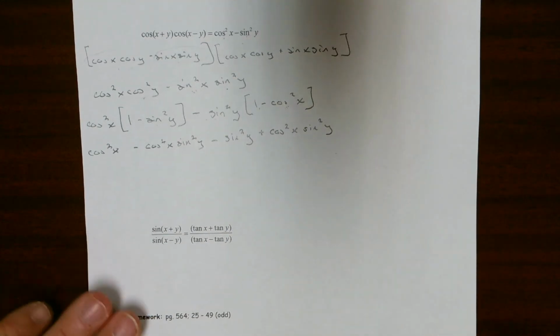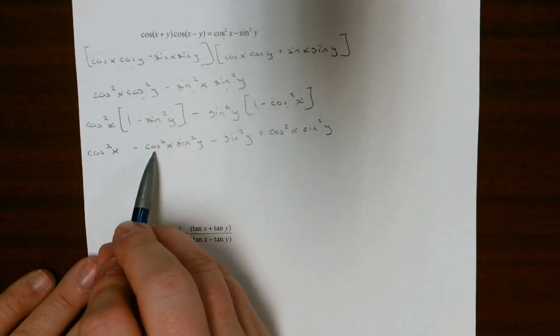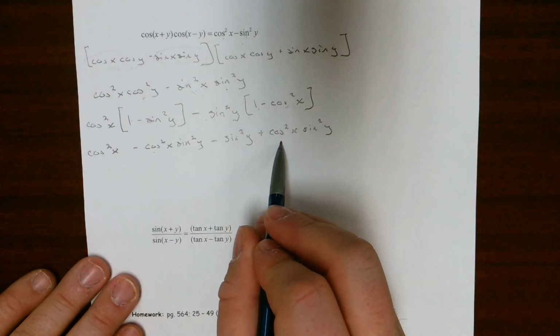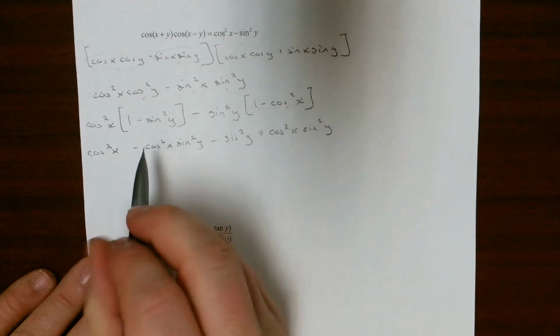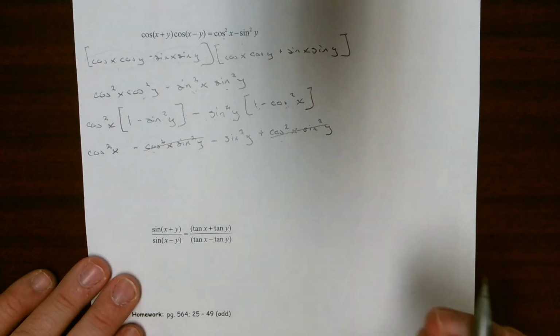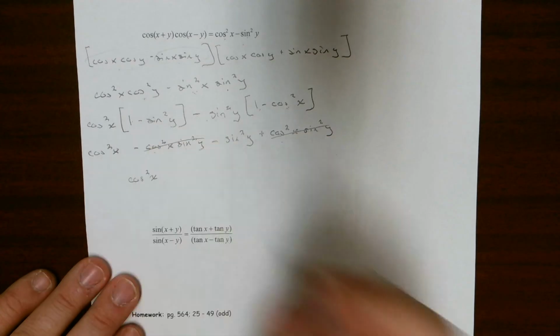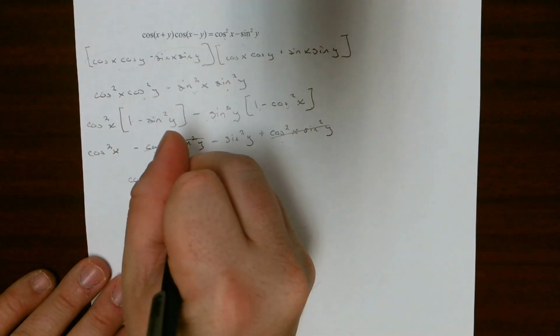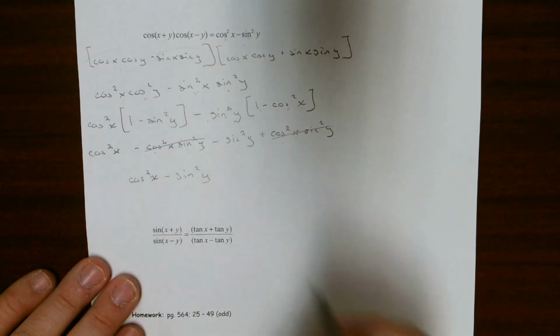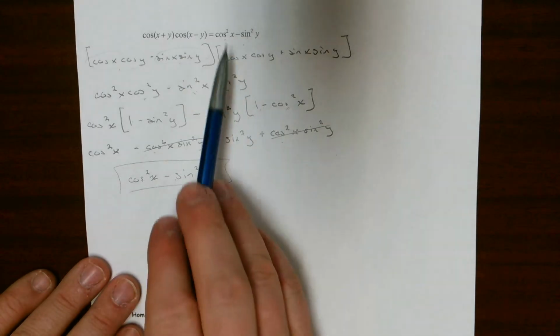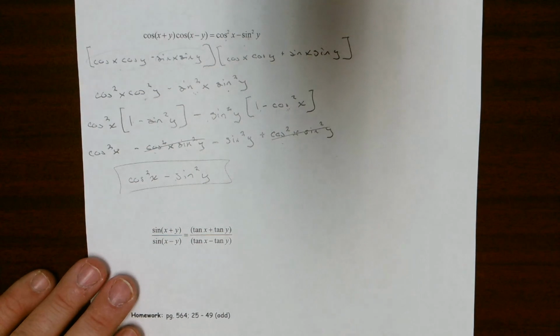And if we look at this right now, we have a negative cosine squared x sine squared y and a positive cosine squared x sine squared y. So those things are going to be gone, and we're left with cosine squared x minus sine squared y, which is exactly what we wanted. It matches exactly the right side of our identity.